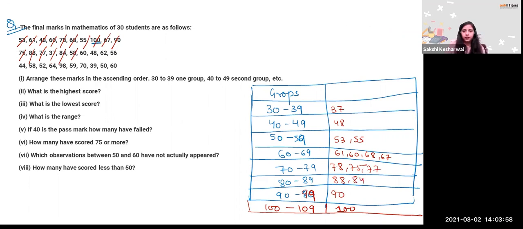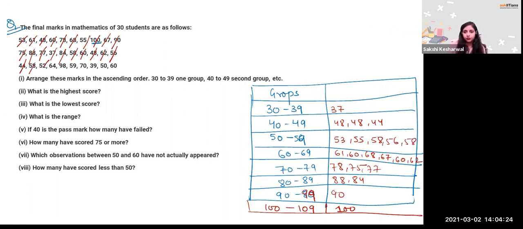Then you have 58 over here, 60 over here, 48 you have over here, 62 you have over here, 56 will be over here, 44 over here, 58 you have over here.